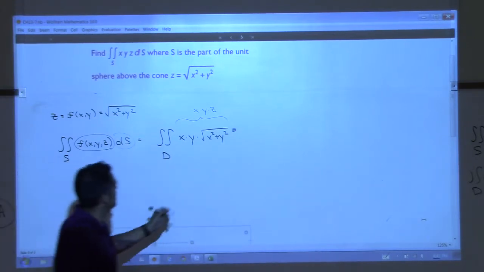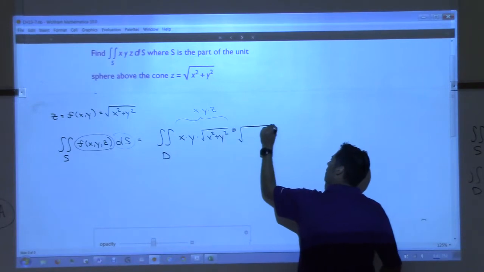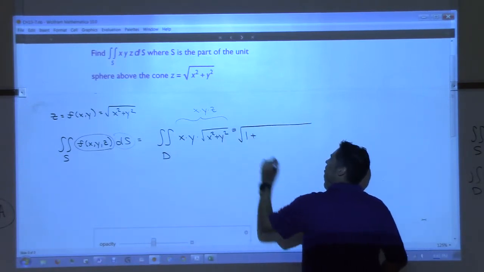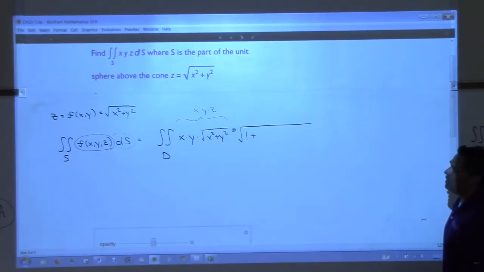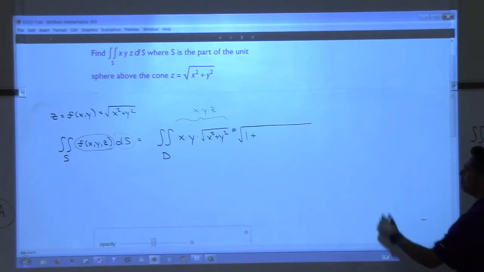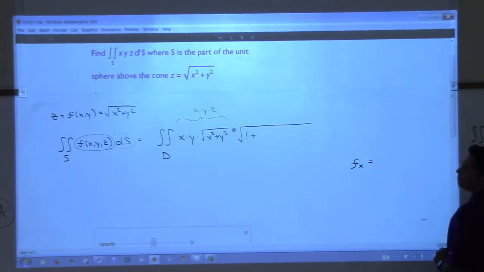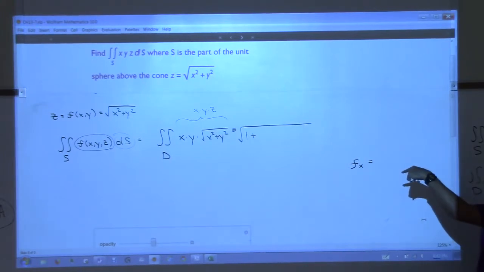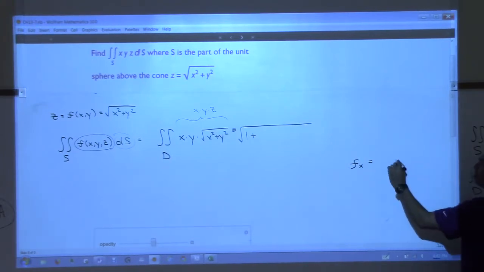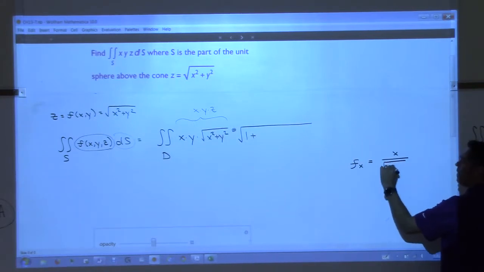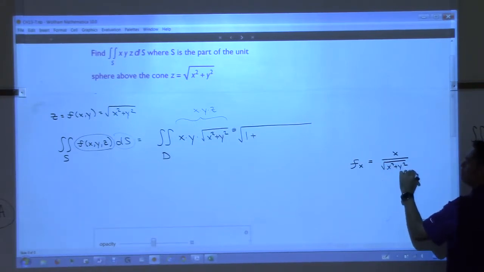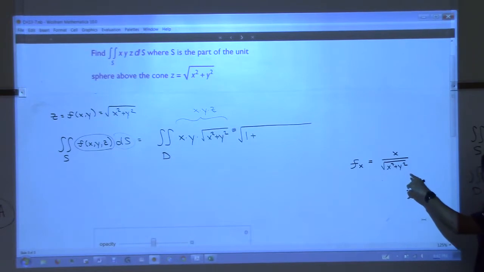So this is going to be times the square root of 1 plus, what is the partial of f with respect to x? So maybe we should do that on the side. What's the partial of f with respect to x? We kind of did that a second ago, didn't we? So we'll have a 2, but the half will kill it off. So this should just be x over the square root of x squared plus y squared. Because we did that with u and v, didn't we?